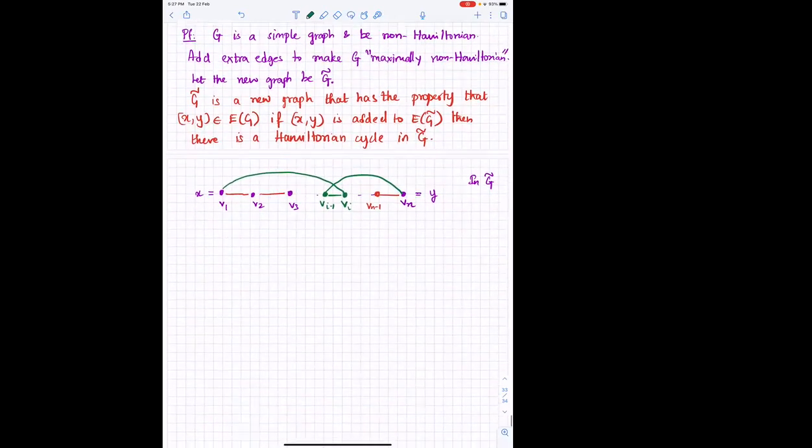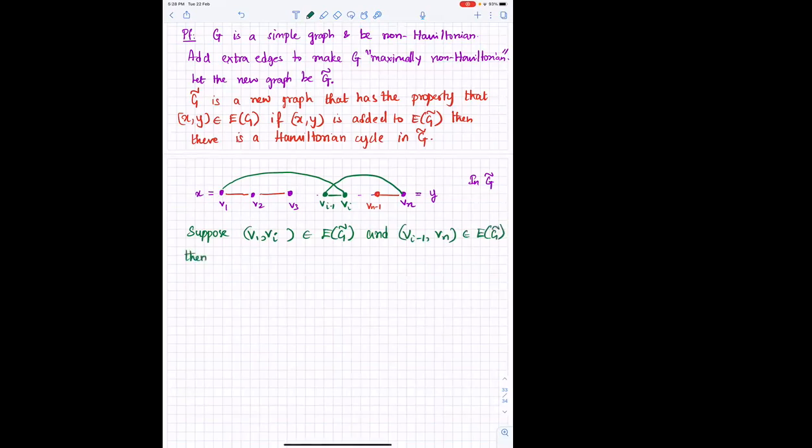Let me write it in English for you. Suppose v1 vi is in the edge set of G tilde and vi minus 1 vn is also.